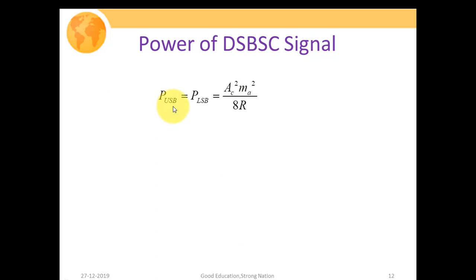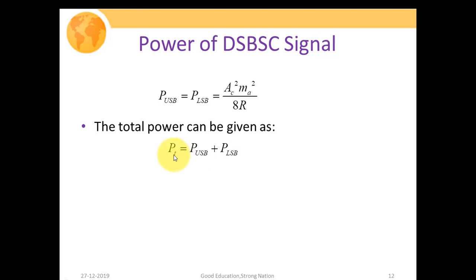So the power of the upper sideband will be equal to the power of the lower sideband, which is equal to Ac square Ma square by 8R. In order to calculate the complete power of the double sideband system, we need to add both the upper sideband as well as the lower sideband.